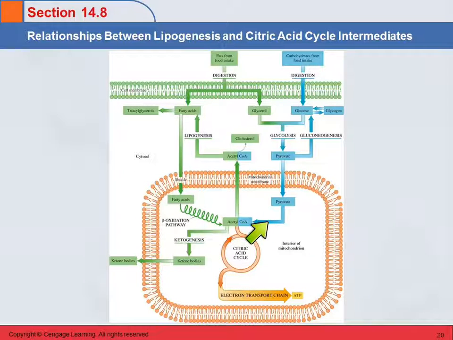But if you don't have enough pyruvate coming in to take care of the acetyl-CoA, then it will undergo ketogenesis and form ketone bodies, and those will go out and be utilized for energy. From the acetyl-CoA, you can also make fatty acids. So it's very complicated, and yet it's kind of simple too. So have fun with that.